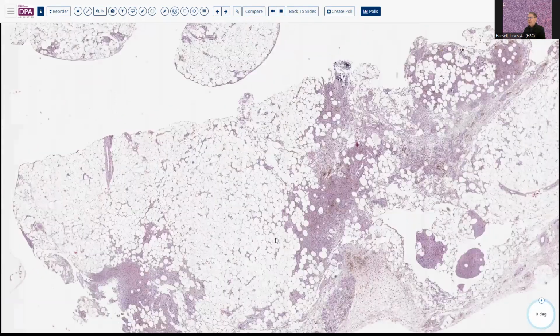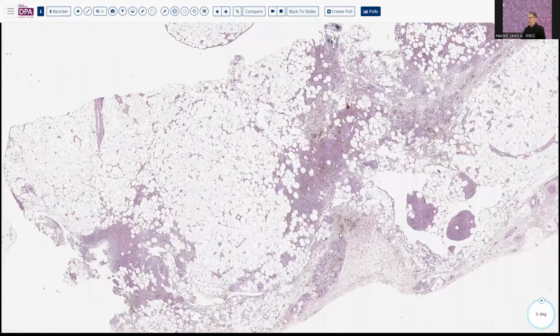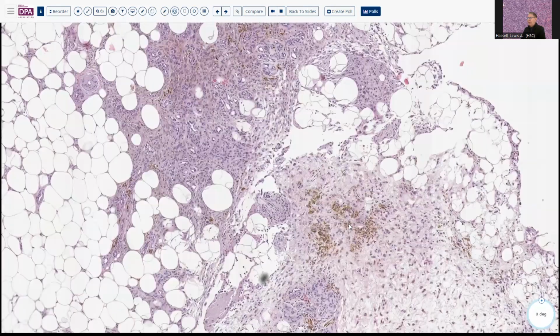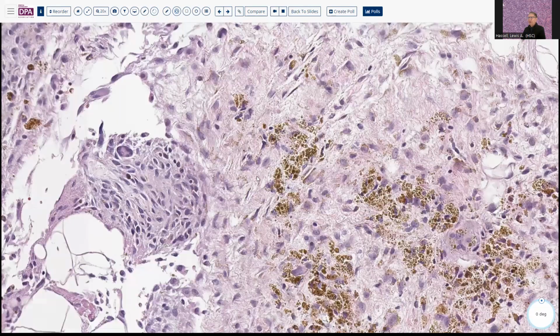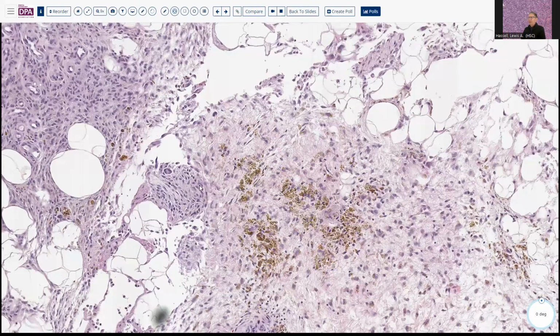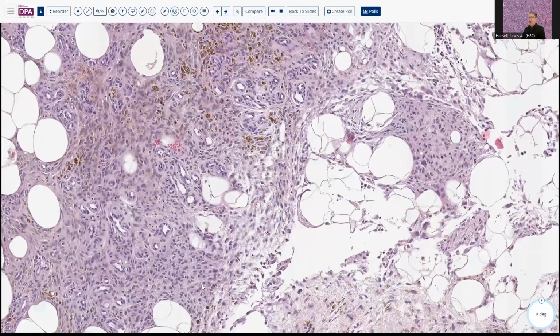But here you see it's predominantly fatty. Even at low magnification, we can see the hemosiderin deposition, this pigment here. And it's this coarse granular material. This is not a melanin type of pattern of pigmentation. This is very much a golden brown that we associate with hemosiderin. But notice that we have occasional giant cells, hence the differential with giant cell tumor of soft parts.